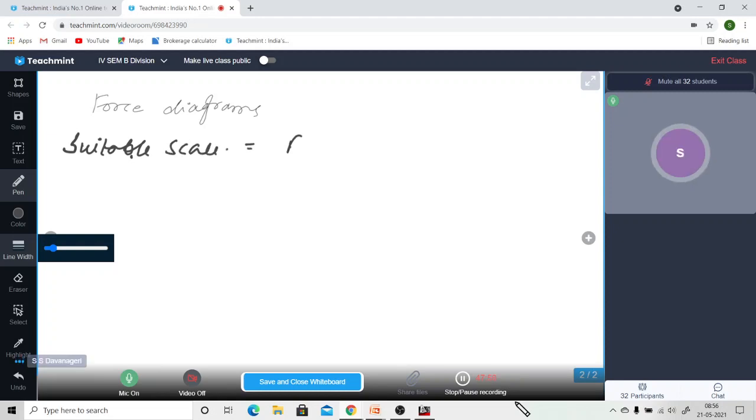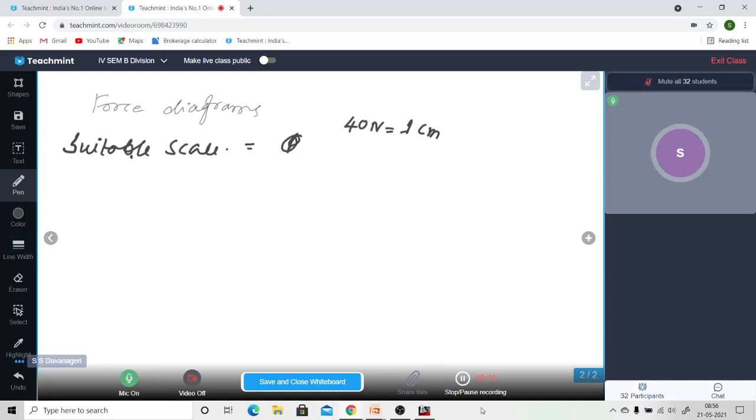Let us go for 200 Newton. Now 40 Newton equal to 1 centimeter. You took a scale, right?